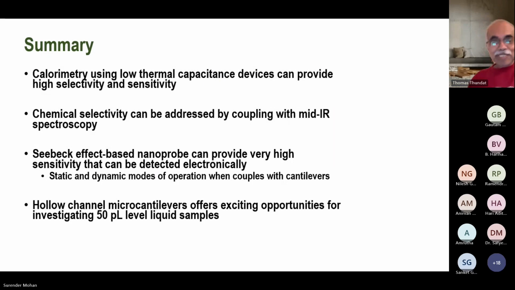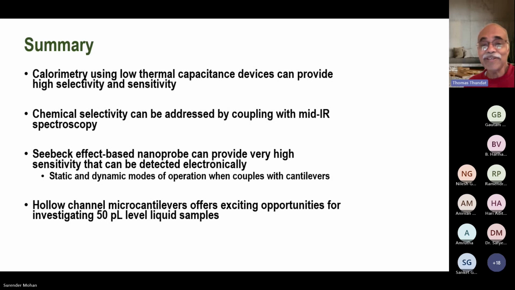So I will summarize here. Calorimetry, which is measuring the heat using low thermal capacitance devices, can provide very high specificity and sensitivity when you couple it with optics. Chemical sensing brings very high chemical selectivity.